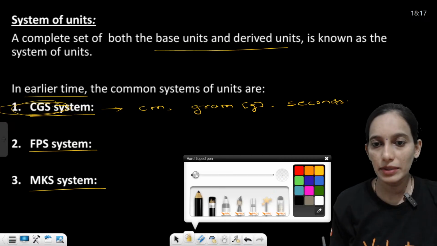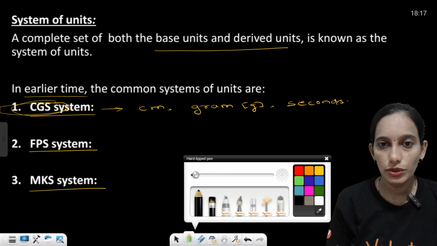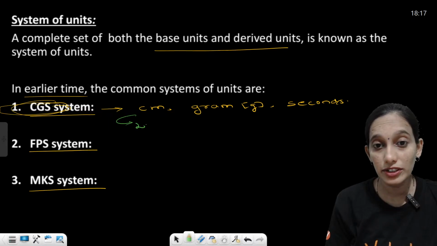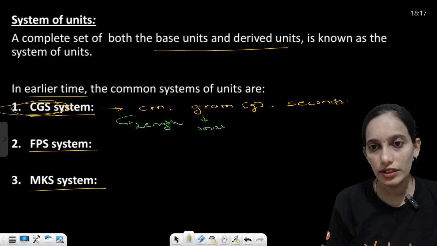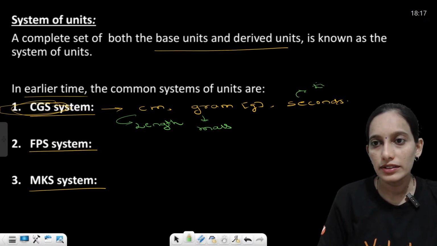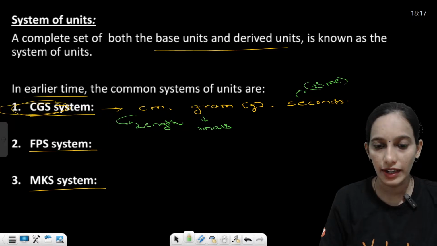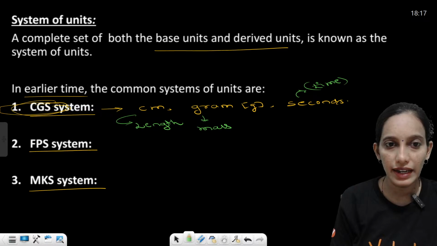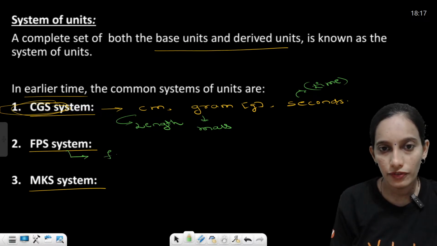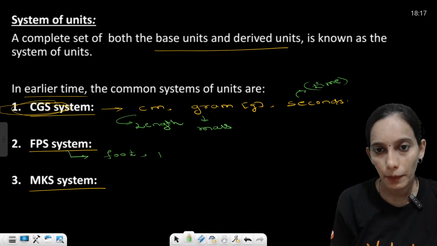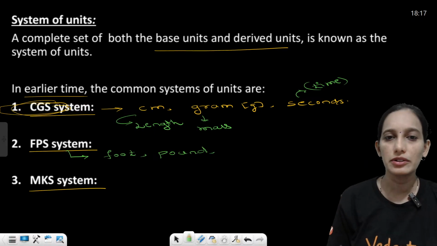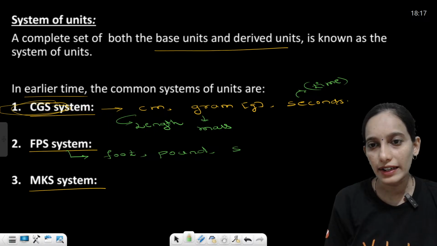Here we use the centimeter to measure length, gram to measure mass, and seconds to measure time. FPS stands for foot, pound, and second. It is more often used in Britain.